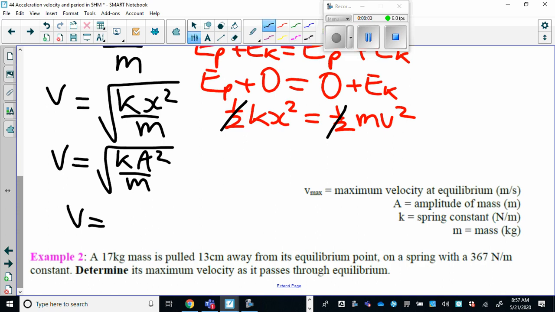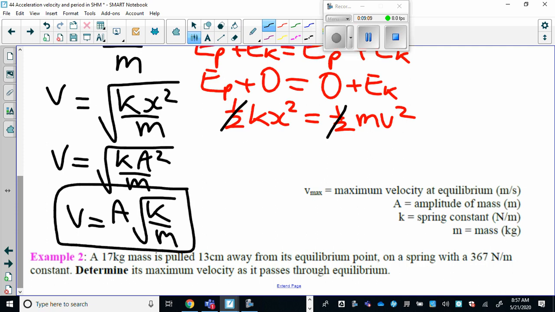You can take the square root of A squared, pull it outside, and that is it. That is a new derived formula for calculating the maximum velocity at the equilibrium position of a spring.